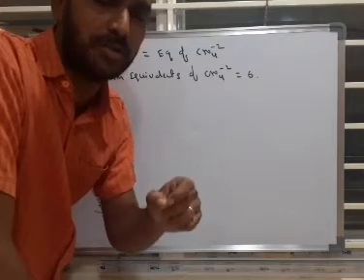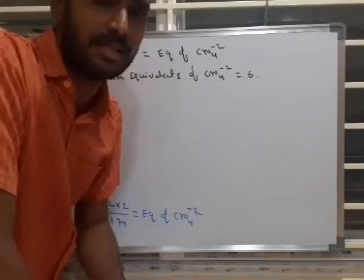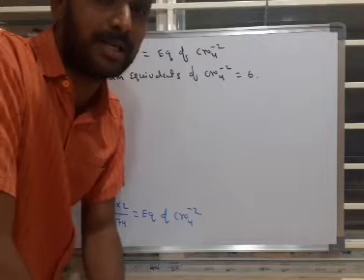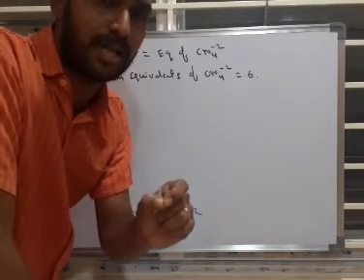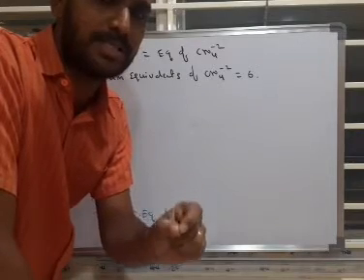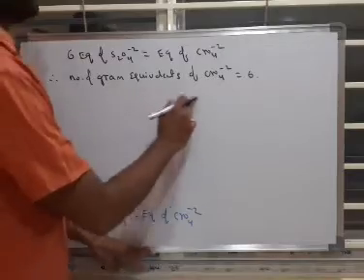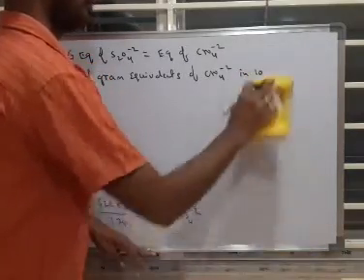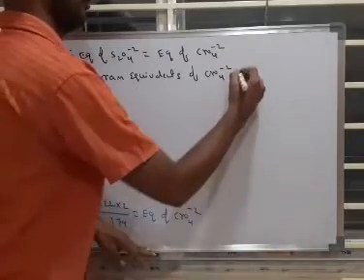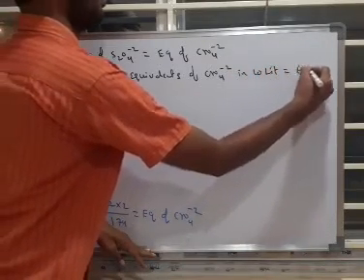But the total solution is 10 liters, and for 10 liters we got 6 equivalents. But according to the normality definition, it is the number of gram equivalents present in 1 liter of solution.